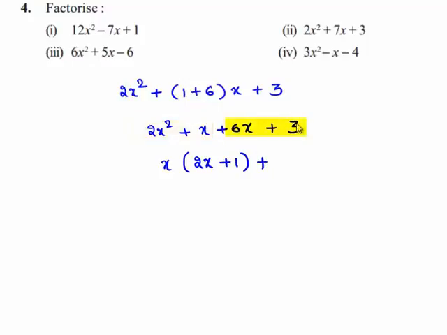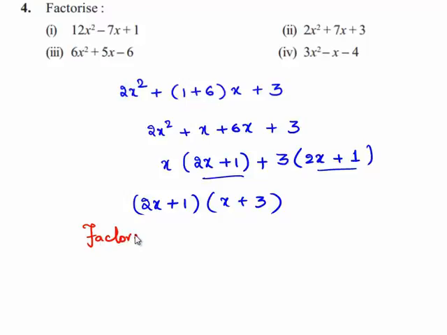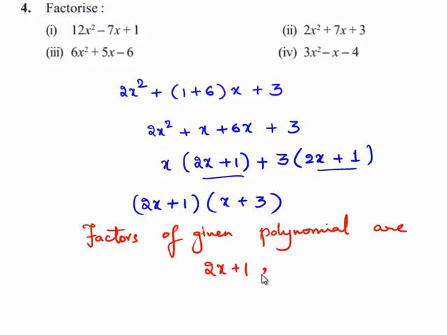And from the third and fourth terms, we can take 3 as common. So 3 times (2x plus 1). So from here, we can take 2x plus 1 as common. We will be getting (2x plus 1) times (x plus 3). So now the factors of the given polynomial are 2x plus 1 and x plus 3.